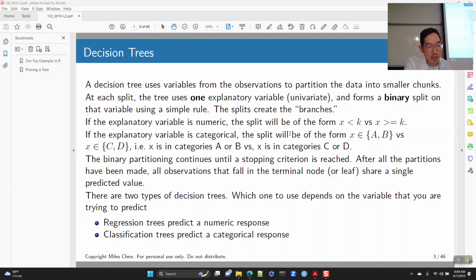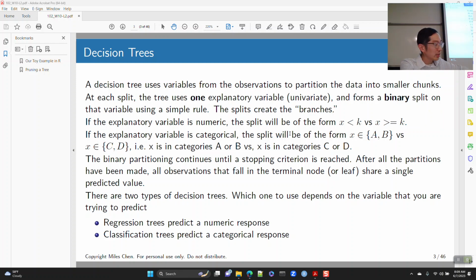That predicted value can either be a category, and then we call it a classification tree, or a number, and then it's a regression tree.